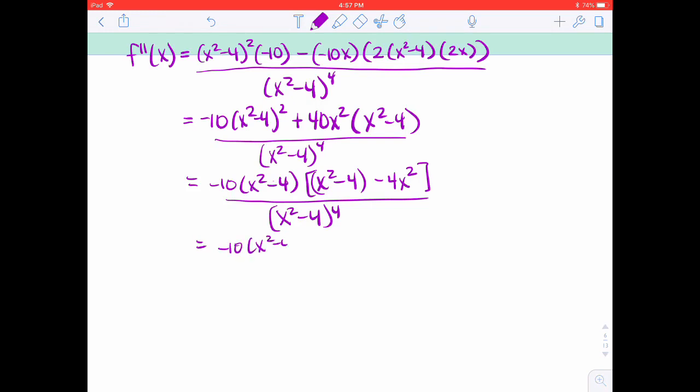So negative 10 times x squared minus 4 times that.